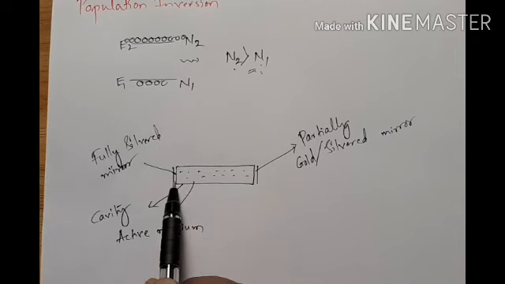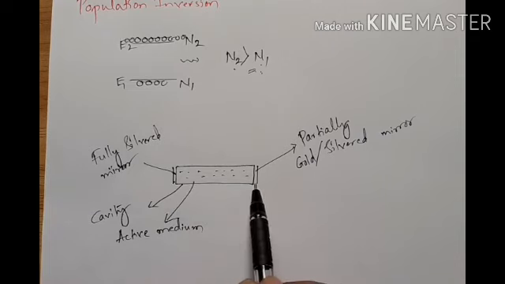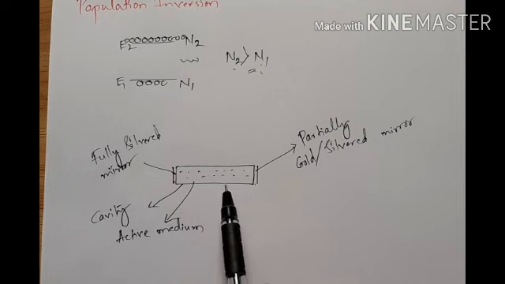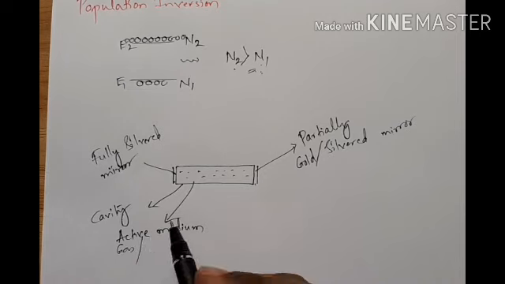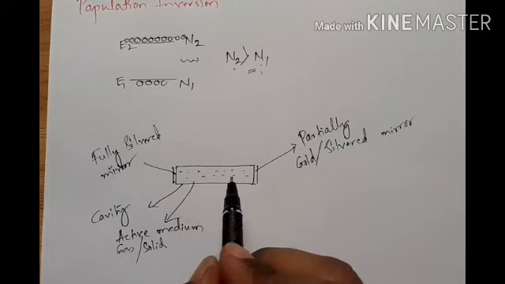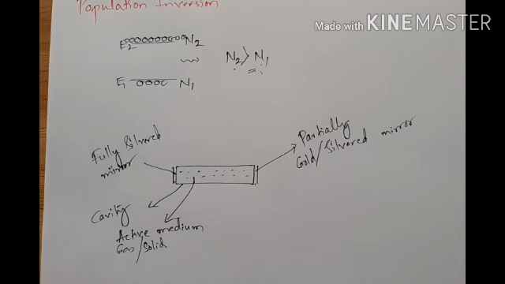One is a fully silvered mirror and the other is a partially silvered mirror. This is filled with the active medium. The active medium may be a gas, a solid, or a liquid. So this is the active medium which is filled inside.